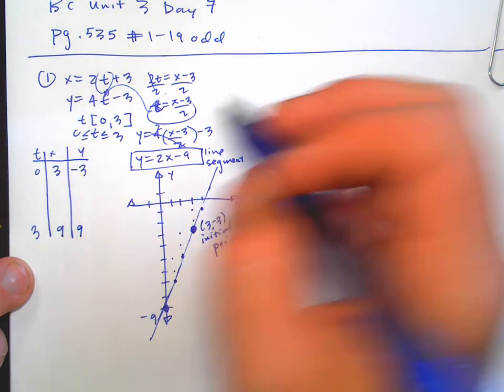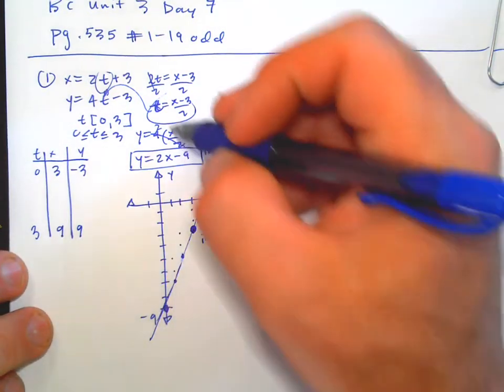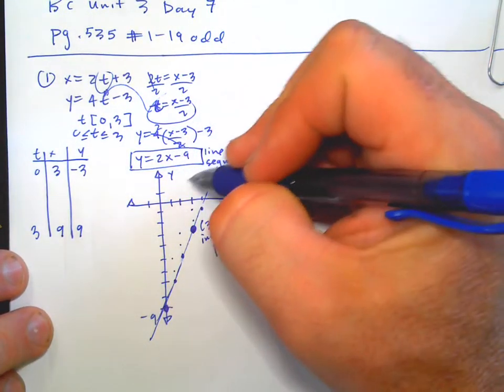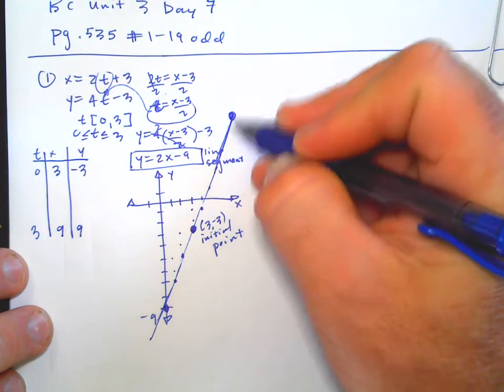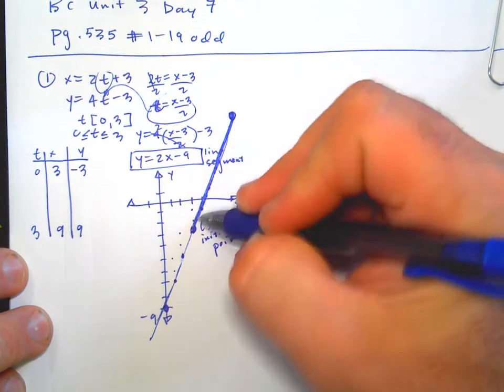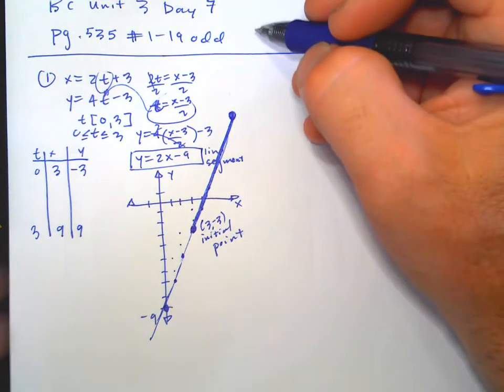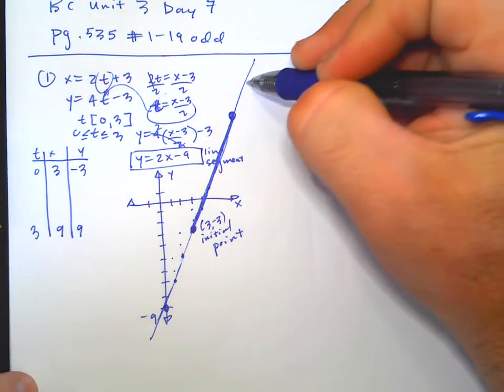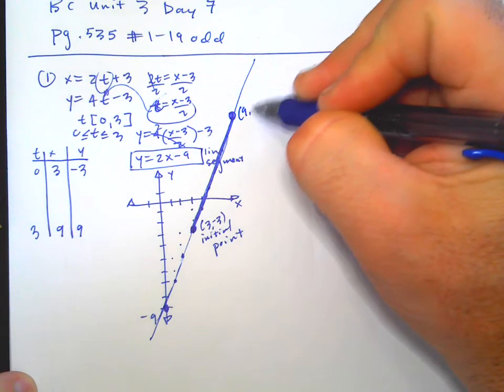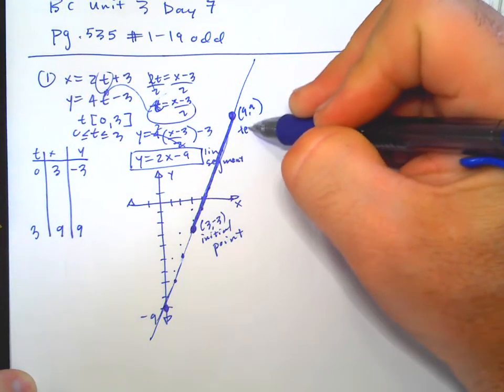Yeah, I guess I should have made this graph bigger in the vertical direction. Anyways, it's going to be somewhere up here. Did the math wrong in my head. So (9, 9) is the terminal point.